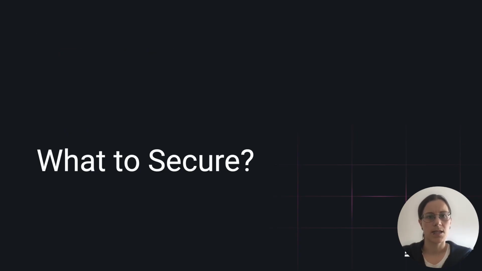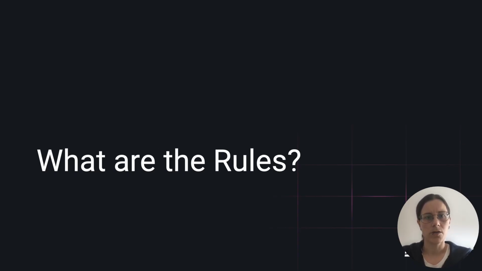Now, what is it actually that needs to be secured? This is an API conference, so one answer is APIs, but technically it's not the APIs that need to be secured, but the data and functions that APIs expose. This means you need to enforce the access control rules wherever data is manipulated or returned. What are those rules?